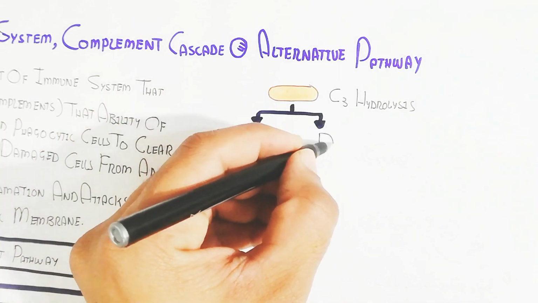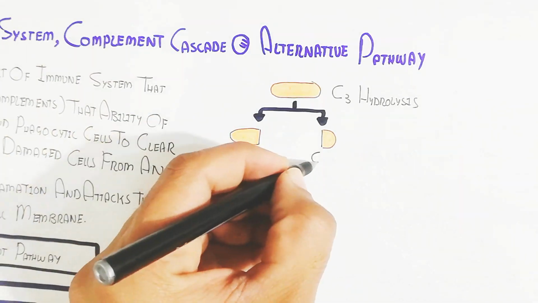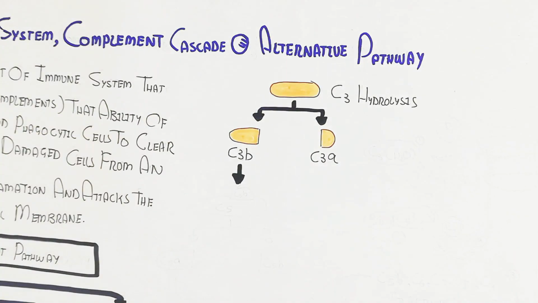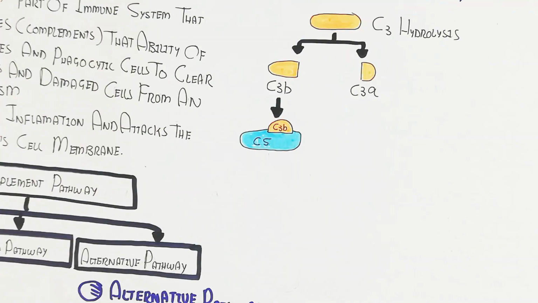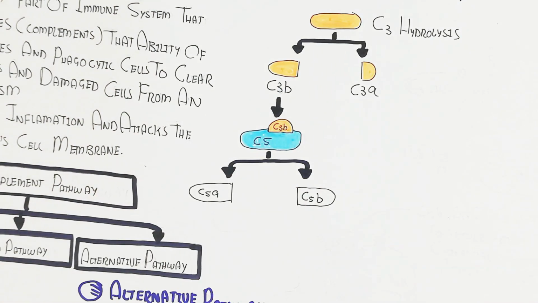Let's begin to understand the alternative pathway again, explained differently. C3 hydrolysis will occur. In this way, C3b and C3a will be formed. The C5 will be cleaved due to the C3b attachment, forming C5a and C5b.